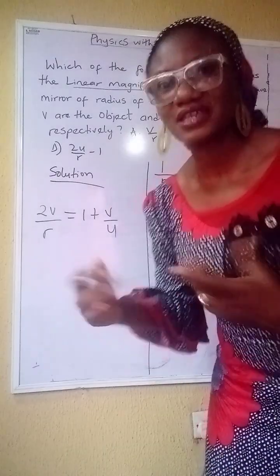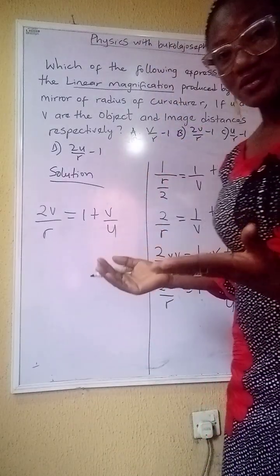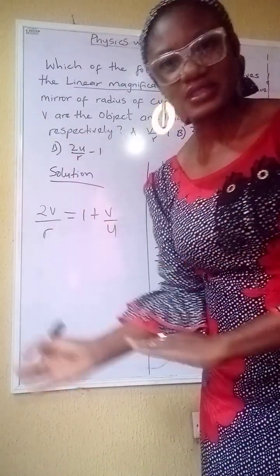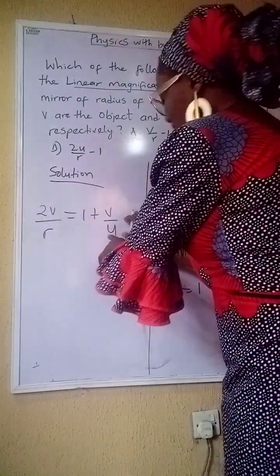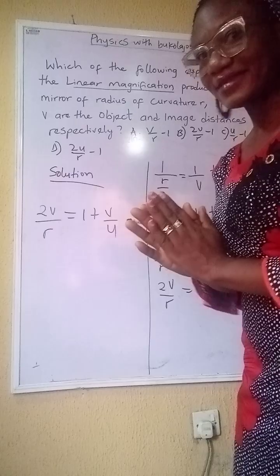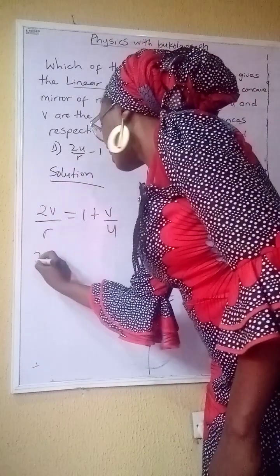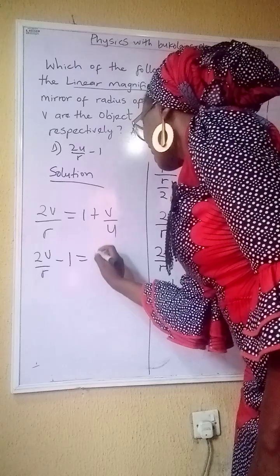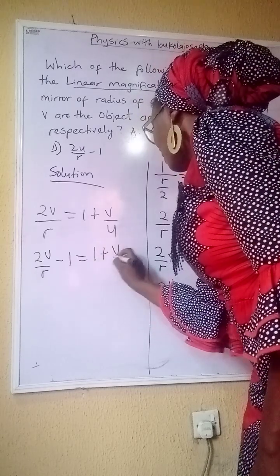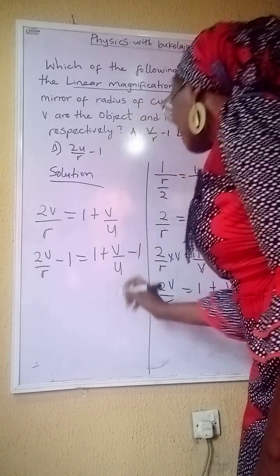I want to make V over U the subject of the formula. How do I achieve this? We subtract 1 from both sides. If we subtract 1 from both sides, this becomes the subject of the formula. So we have 2V all over R minus 1 is equal to 1 plus V over U minus 1.